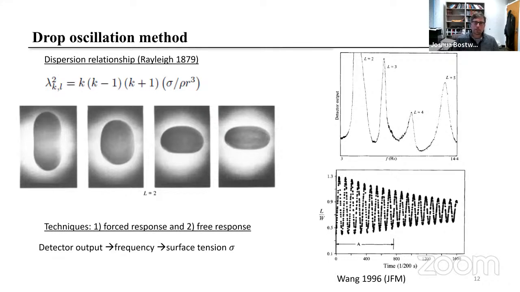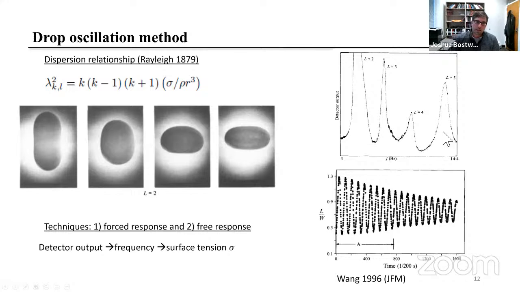Typically, to excite oscillations in a drop, you have to force that drop at a given frequency. You can perform a frequency scan. Shown here on the right is a frequency response diagram for an oscillating liquid drop. What you see is a series of resonances associated with these different mode shapes: the L equals 2, L equals 3, L equals 4, and L equals 5.